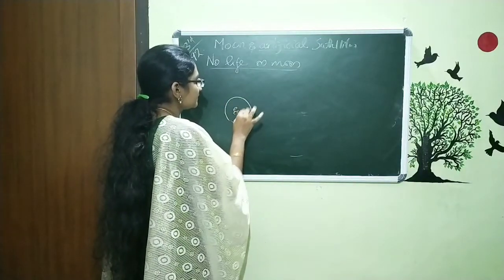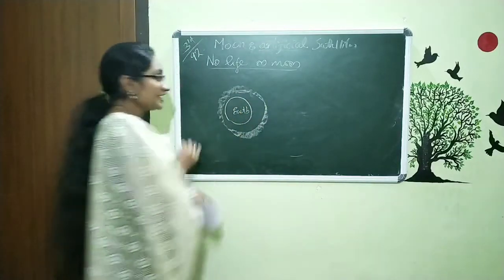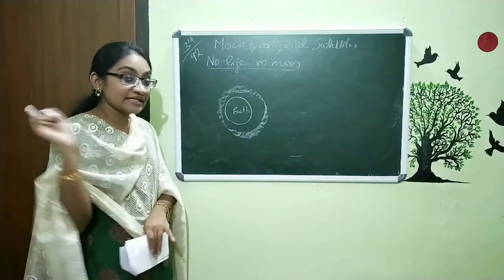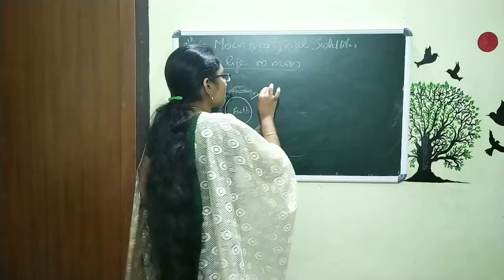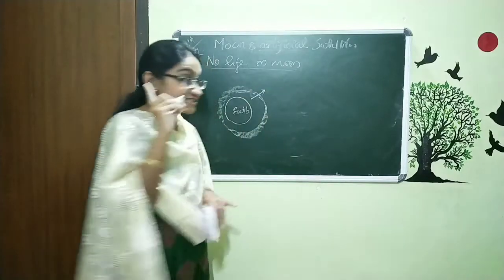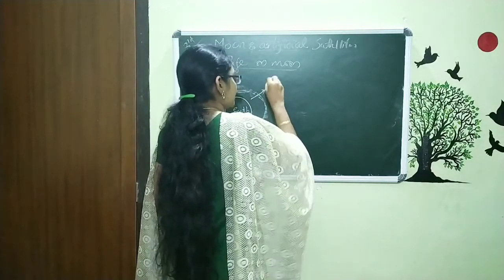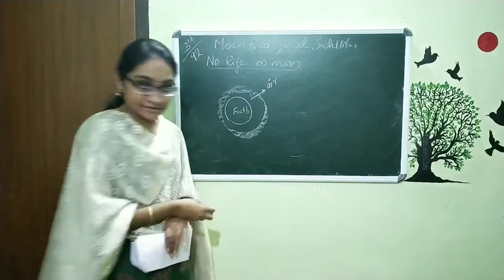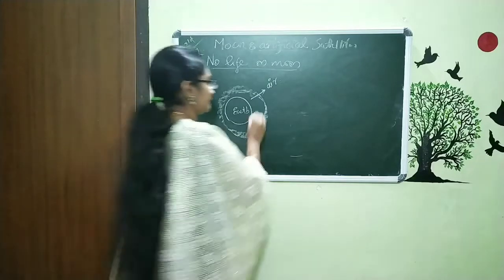For our earth, we studied that it has an atmosphere. This atmosphere has a very important role in having life here. That means we know for life, one very essential thing is our air. Within the atmosphere, it has air. And also, on our earth, we have plenty of water.